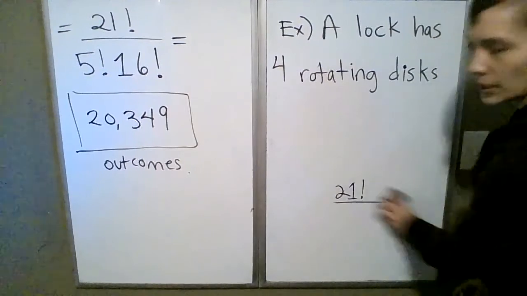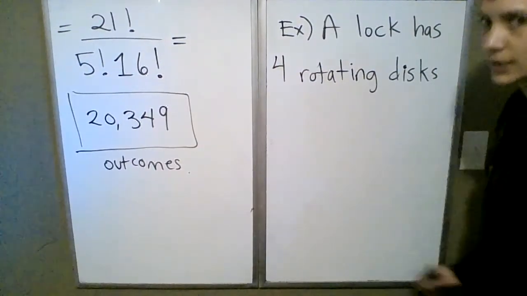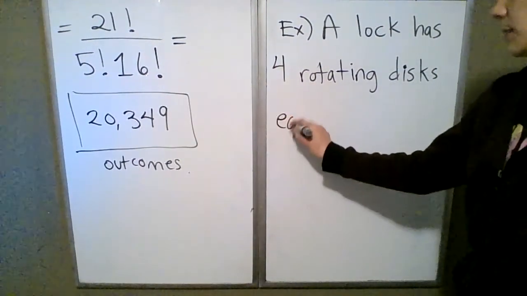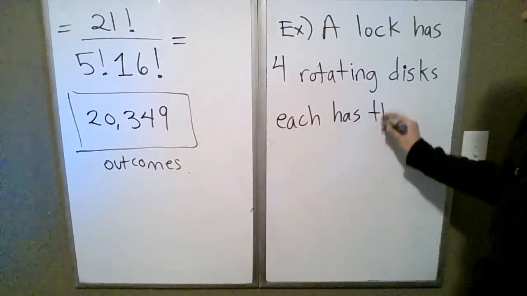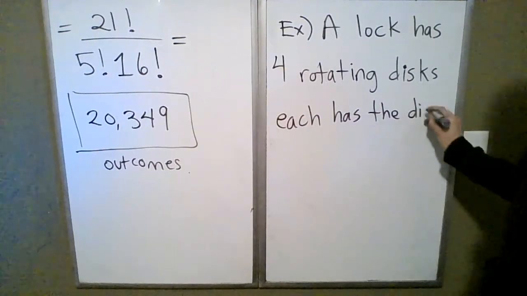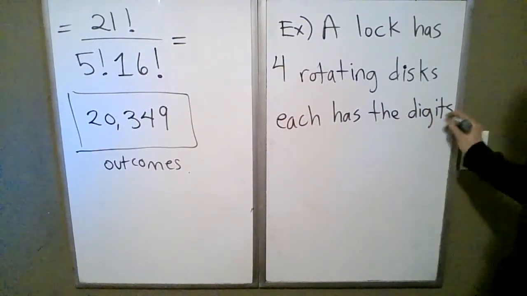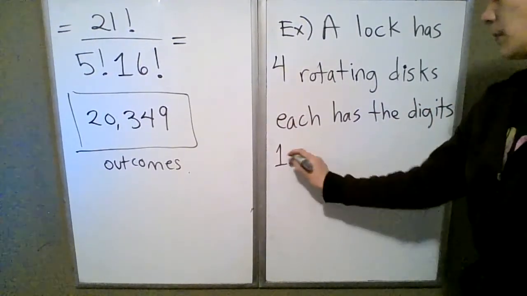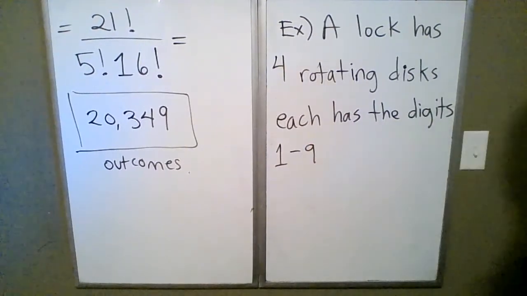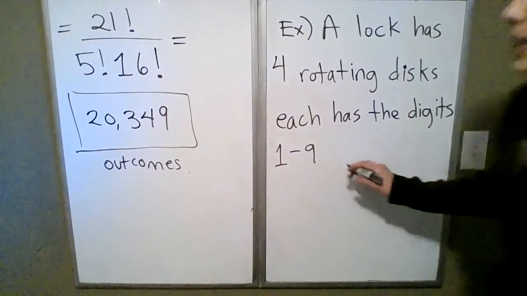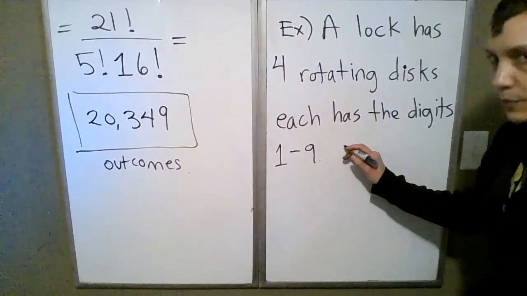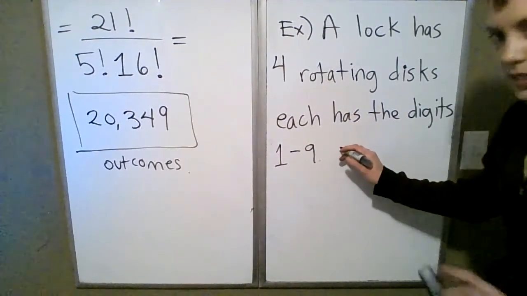Each has the digits 1 through 9. How many different lock codes are possible? If, then for part A.